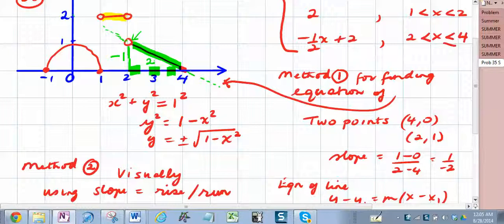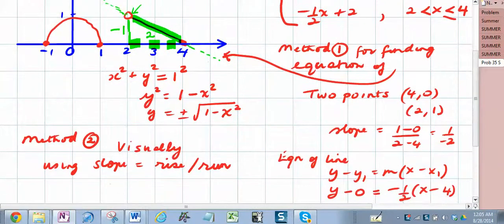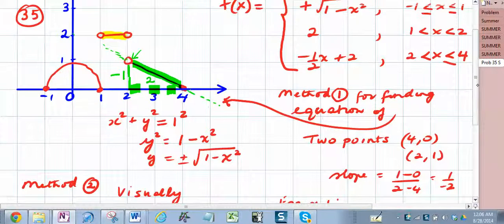It's negative 1 in the y direction, positive 2 in the x direction. So I can write down straight away that my slope is going to be equal to negative 1/2.